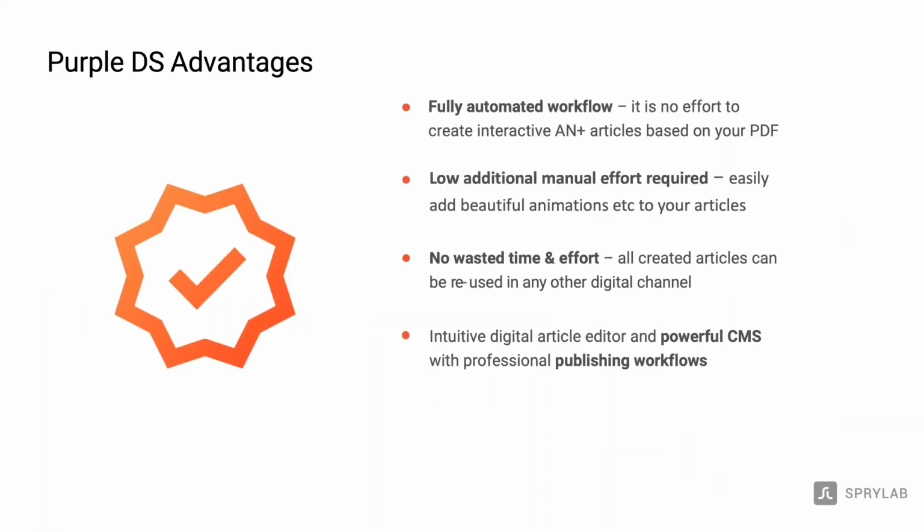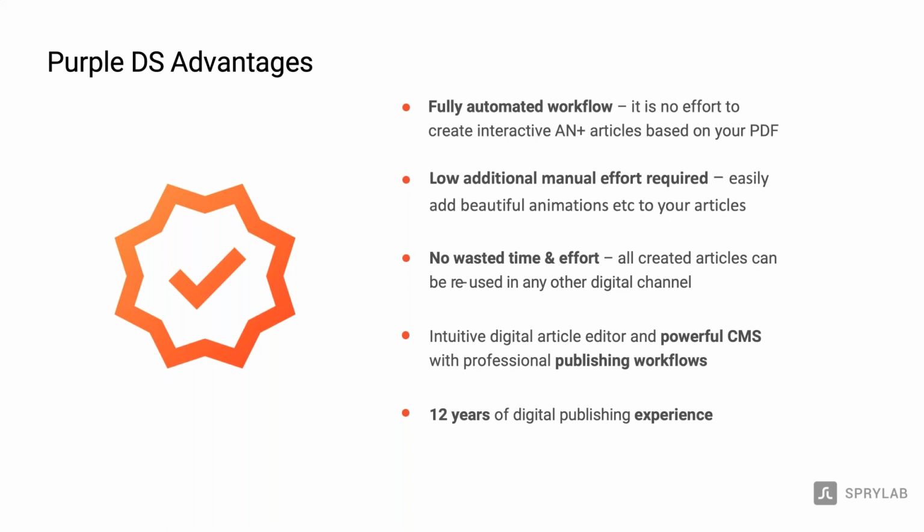Okay, and I think we nearly touched all the advantages of Purple DS in terms of Apple News Plus. So we have a highly automated workflow. You've seen that because based on a PDF, we're doing the structure automatically. Based on transformer rules, we can add section design, animations and stuff like this.